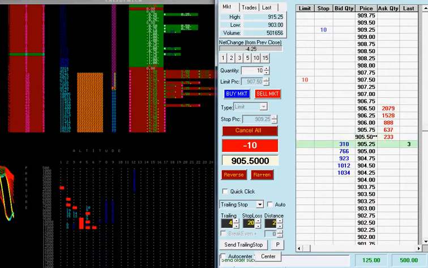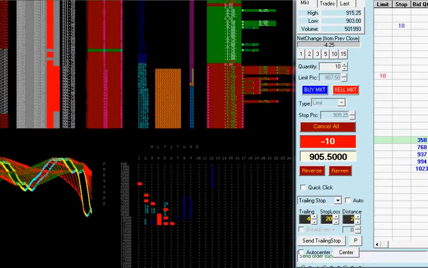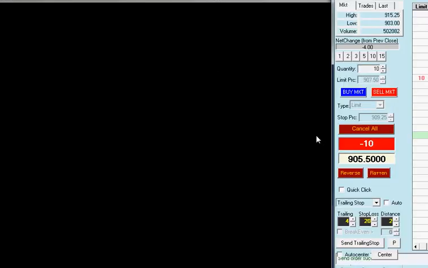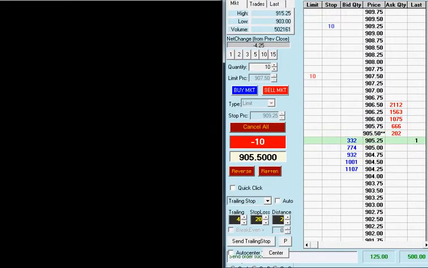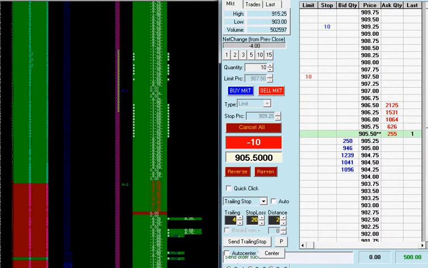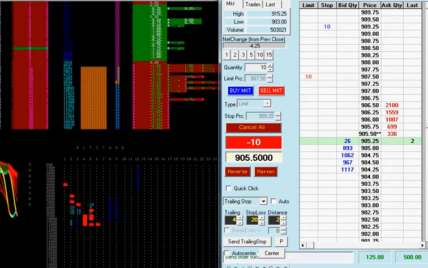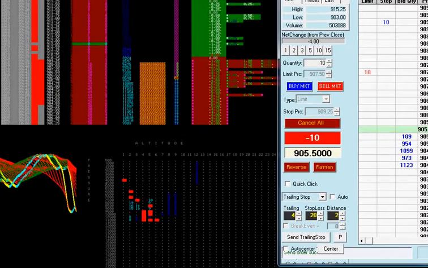And just in the meantime, to show you what I'm looking at while we wait for this market to go down, I'll bring you back over there as we get to see that again. So the directional analysis is still reading down.